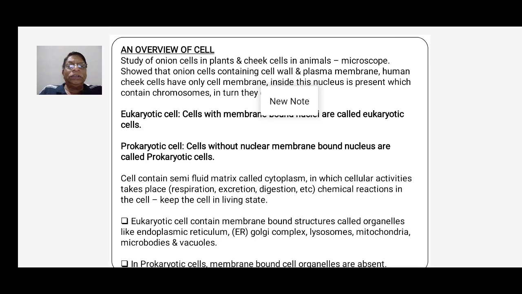But when we observe the cheek cells of human beings, you can say now, cheek cells have only cell membrane.